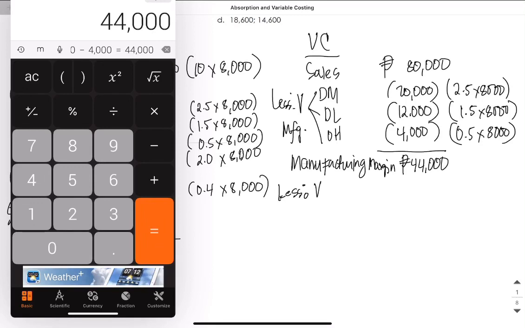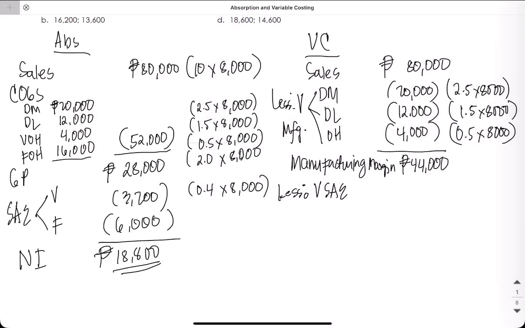This is your variable selling and admin expense. This is not a manufacturing cost, but rather a period cost. Nevertheless, it is still deducted from your sales to arrive at the contribution margin. Your variable selling and admin expense is the same also, 40 cents times 8,000.